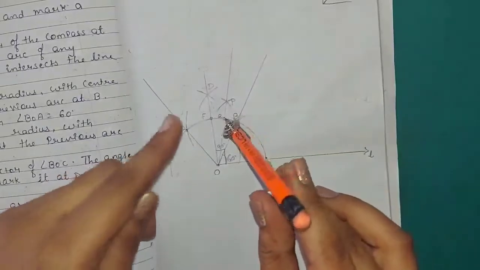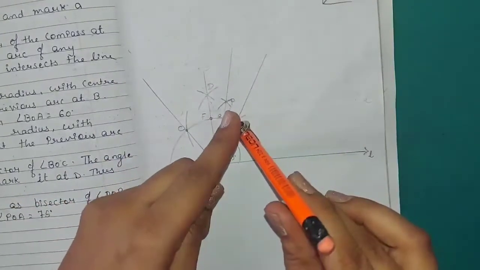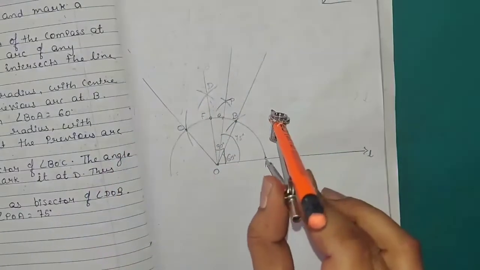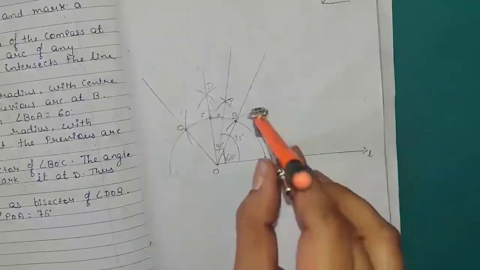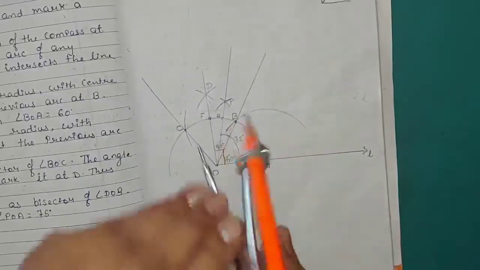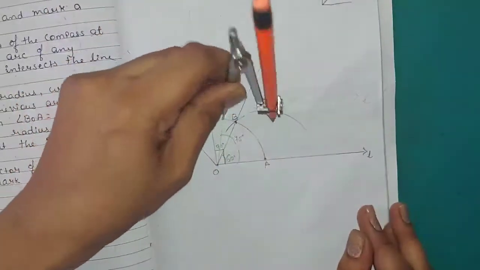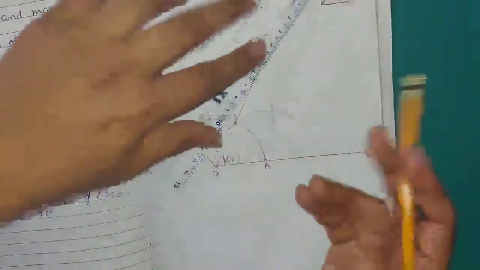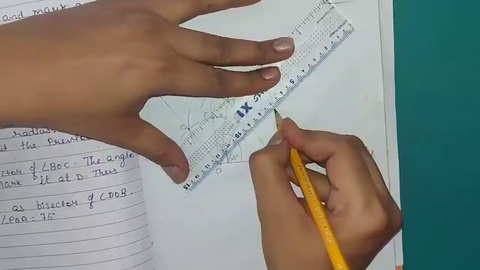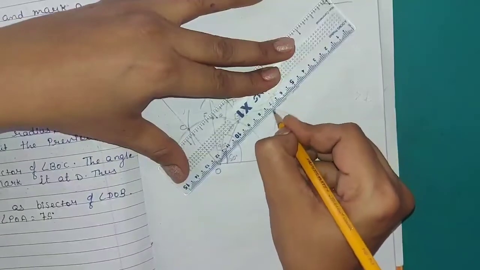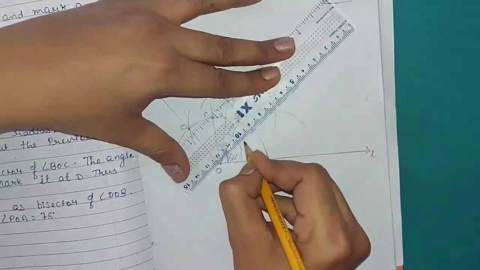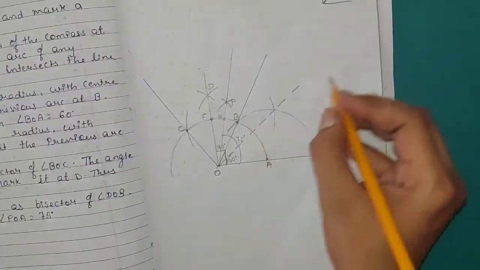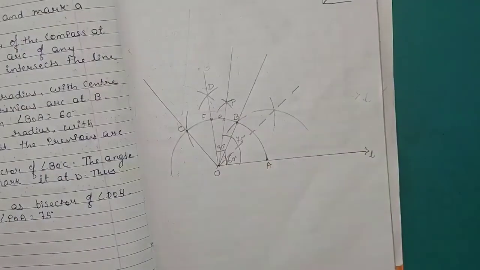Hence, students, we will take more than half of this radius. Let us draw an arc with A as a center, and let us draw another arc with G as a center. And students, if we join this intersecting arc with O, this is our line of symmetry. So this is the line of symmetry of the 75 degree angle.